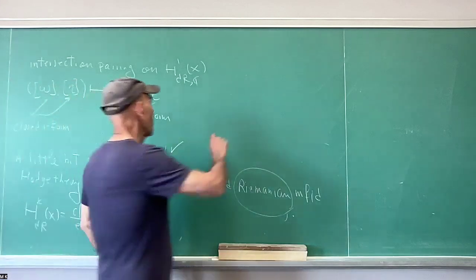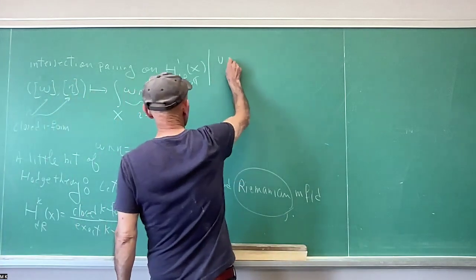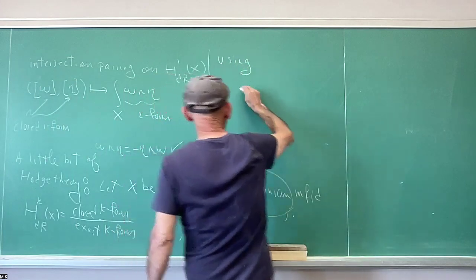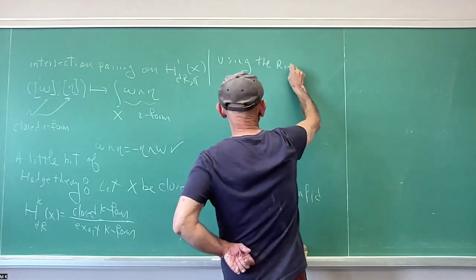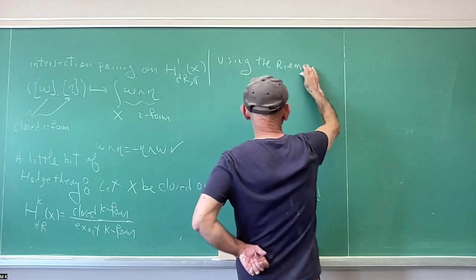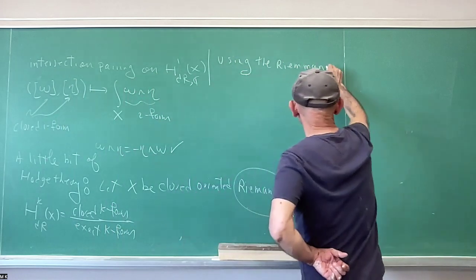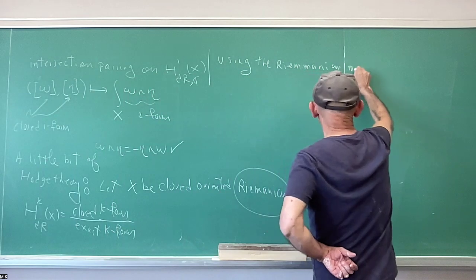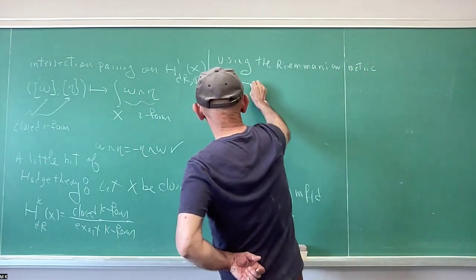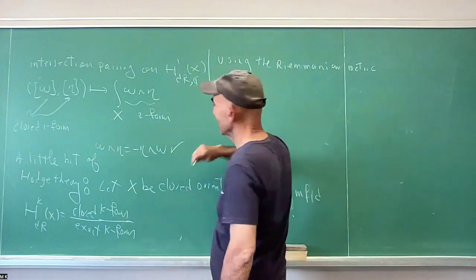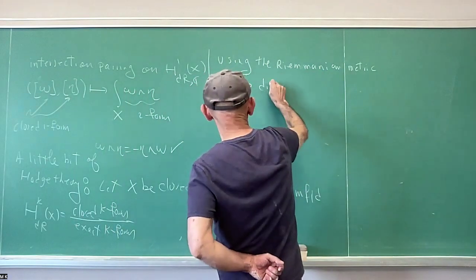So let me define, using the Riemannian metric g, another differential, a second differential.